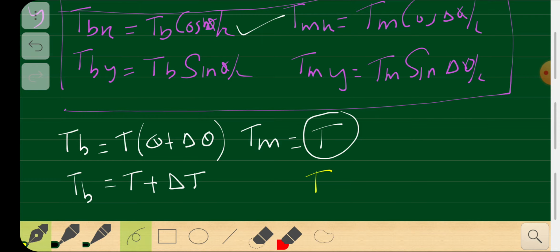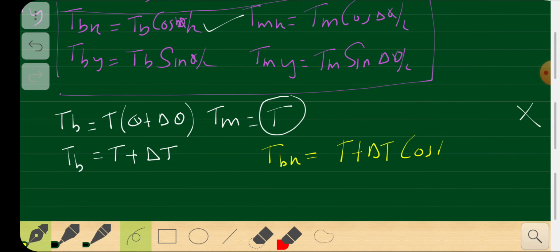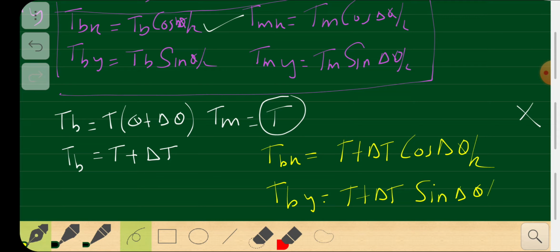So T boy x will be T boy, which is T plus delta T, times cos delta theta by 2, right? And T boy y will be T boy, which is again T plus delta T, times sine delta theta by 2, right? Okay.